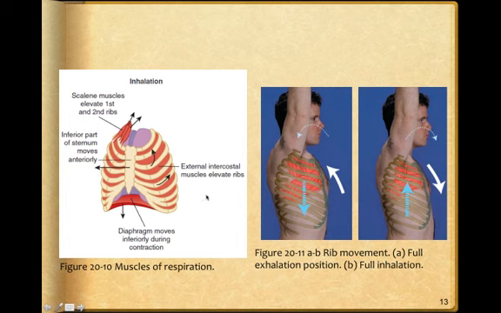External intercostal muscles elevate the ribs, and essentially we just get an upward and backward movement. The diaphragm is the major mover. During relaxation or exhalation, the diaphragm is probably up like this. And during actual inhalation, the diaphragm shortens, thereby causing air to move into the lungs.